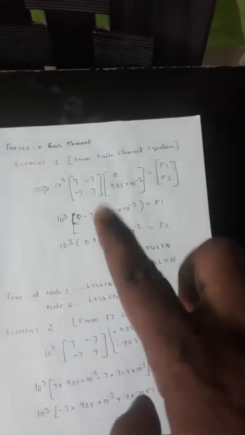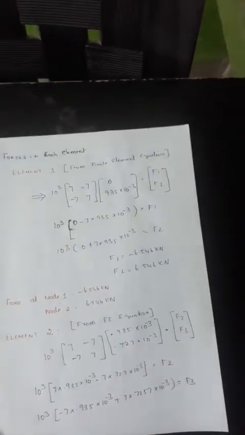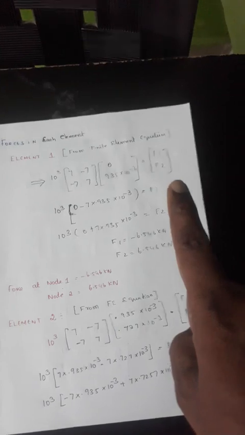Now we are going to find the force in each element. For the force in each element, the same finite element equation from the previous part has to be applied. These are the values taken from the previous part, for F1 and F2.